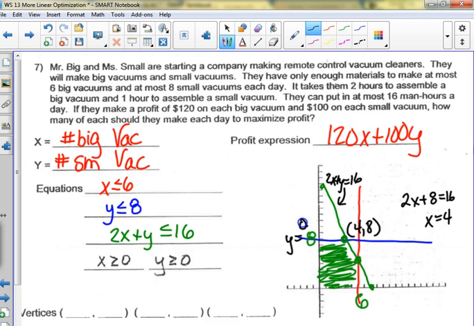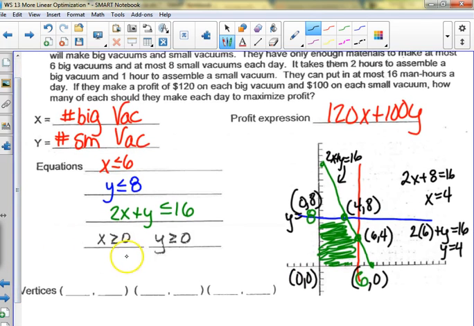This guy out here was 0, 8, by the way. And this one down here has an X value of 6, so it's 2 times 6 plus y equals 16, which makes y 12 from 16, which is 4. So 6, 4. And this guy was 6, 0. And there's 0, 0.